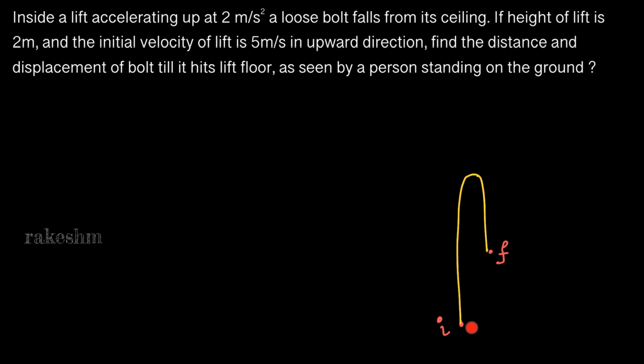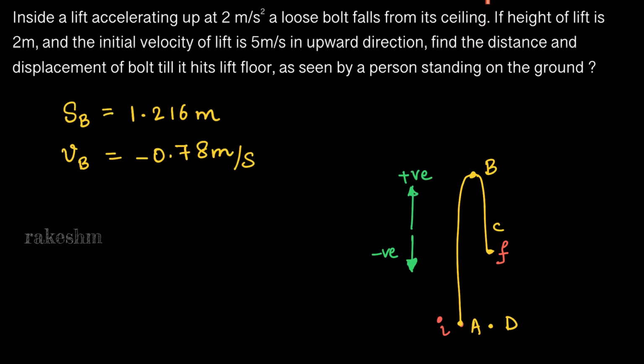The bolt is initially here, comes to rest, falls down, hits the lift floor and goes up. From the previous questions, we have got the displacement of the bolt as plus 1.216 meters. So the displacement of the bolt is plus, so it is upwards.